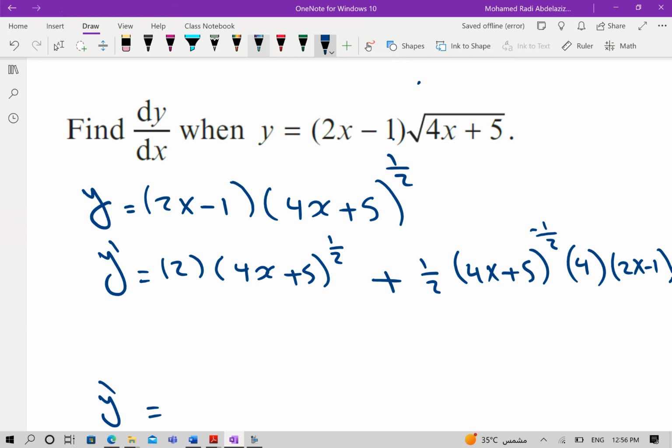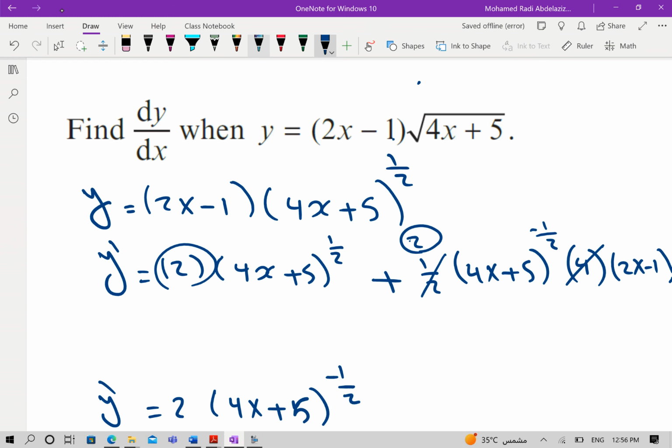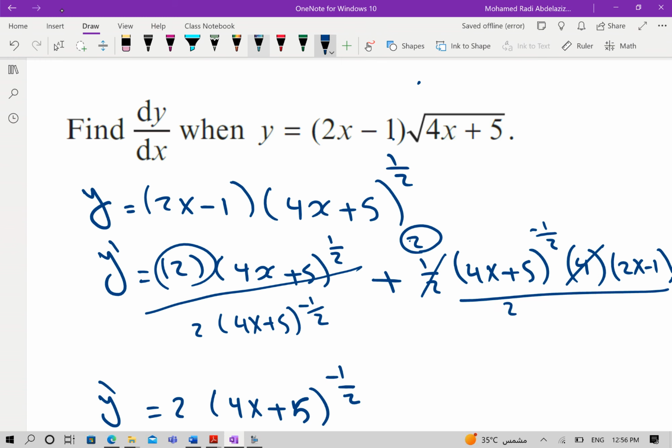First, 4 times the half will be 2, and we already have here 2, so you can take 2 outside. What else? (4x plus 5) all power of the lowest, negative half. If you take common factor, this means we will divide by 2 and (4x plus 5) all to the power of negative half.